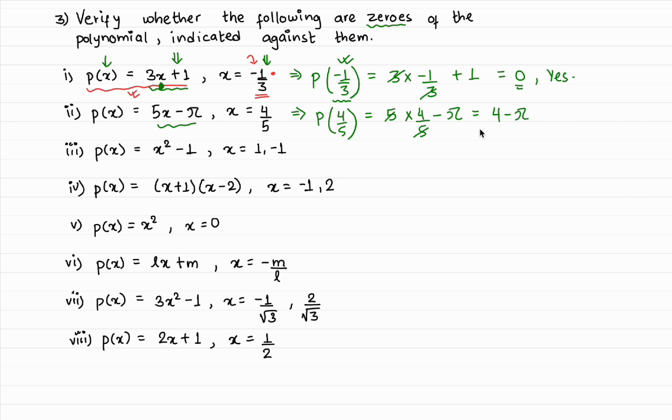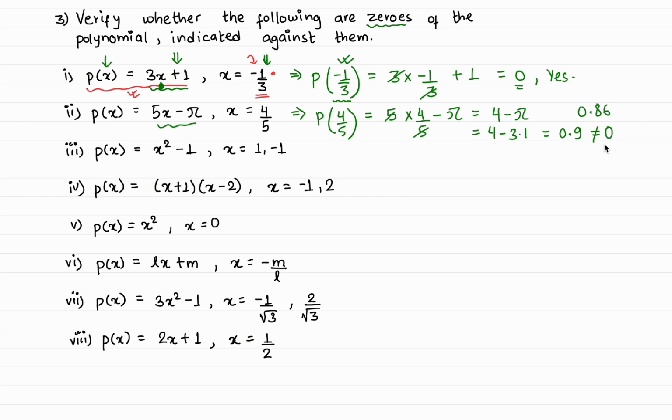And we know pi is something like 3.14 something. When you subtract 4 minus 3.14 something, you're going to get something like 0.9, or if you put 3.14, you might get something like 0.86. But whatever you get, this is not equal to 0.